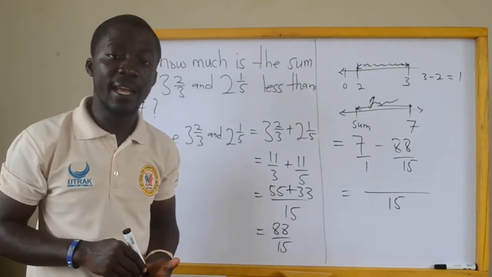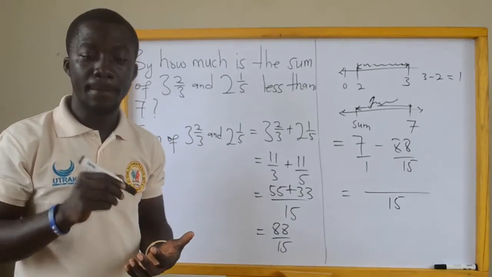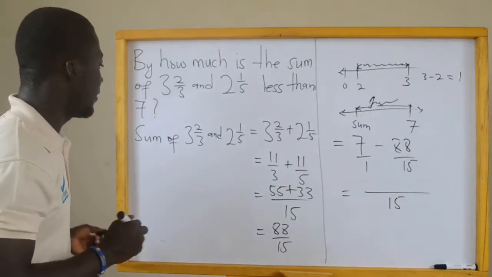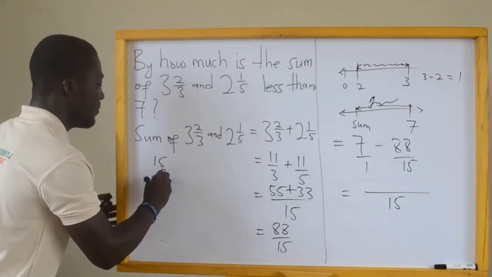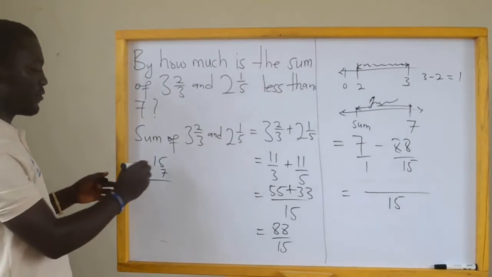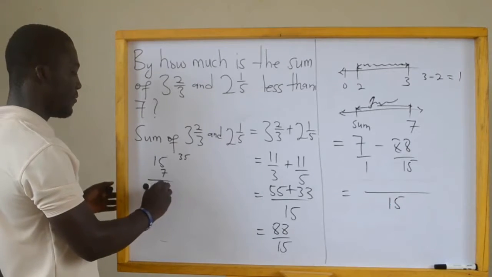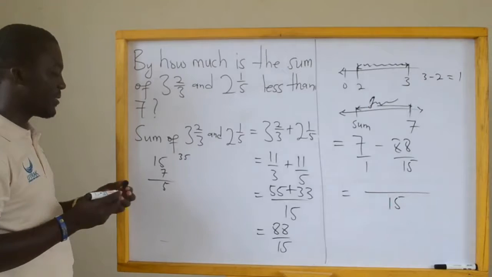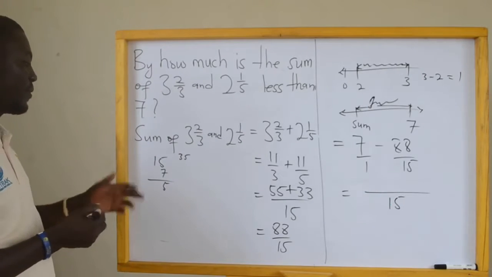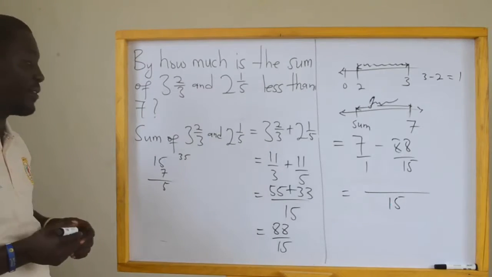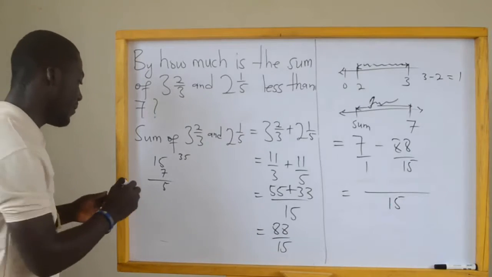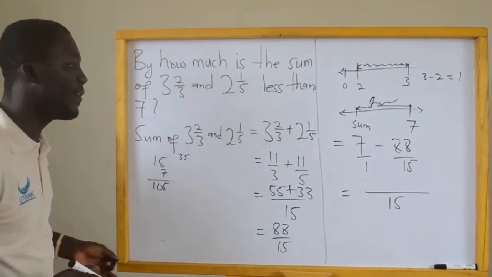When you multiply 15 by 7, 7 times 5 is 35, so 5 and carry 3. 7 times 1 is 7, plus 3 is 10. So 105.